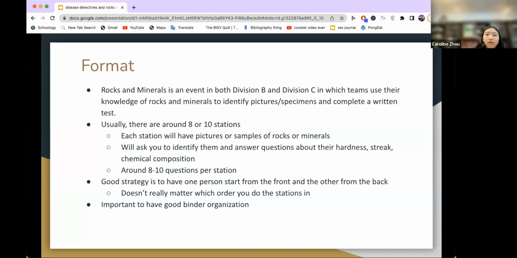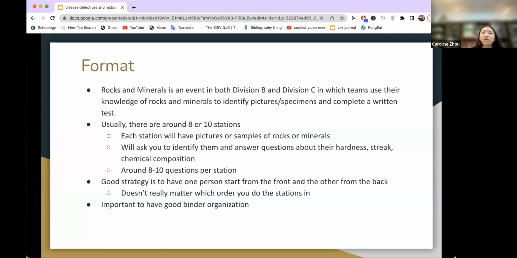For online years, there will be pictures in like a Google Drive, but in person it's usually samples. The questions will ask you to identify what each of these rocks are and answer questions about their hardness, strength, chemical composition, and other properties. There's usually around 8 or 10 rocks per station and a few questions per rock.